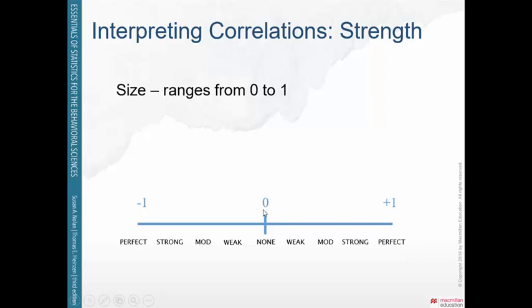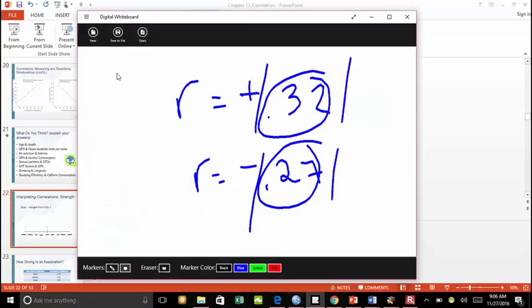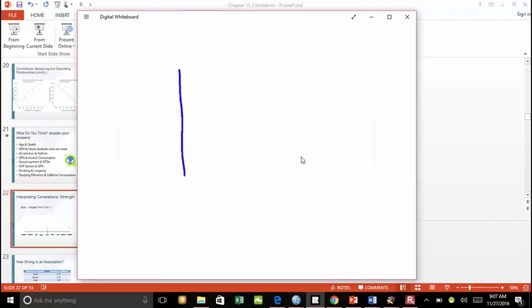So as I said, if you have a correlation coefficient of 0, well, there's no relationship between those variables. If you have a correlation of 1, positive 1 or negative 1, that is a perfect correlation. And that would look like every single point falls exactly on a particular line, like this.